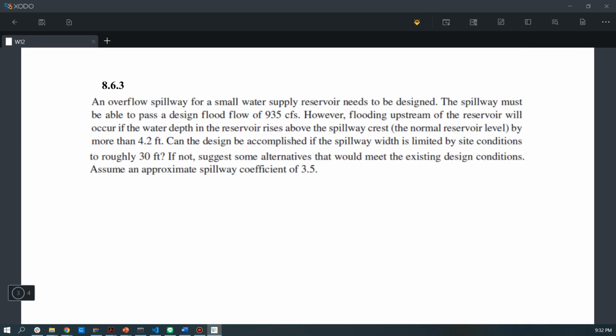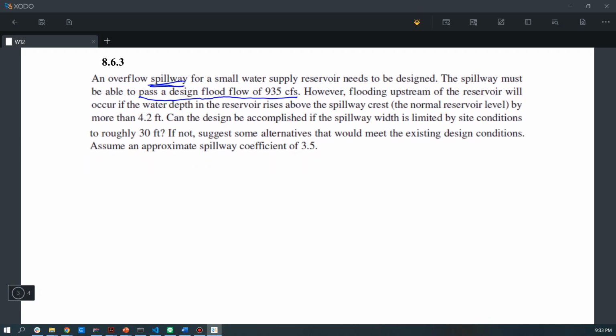Okay, now let's look at problem 8.6.3. In this problem, we want to evaluate a spillway, whether it can pass a design flood flow of 935 cubic feet per second.